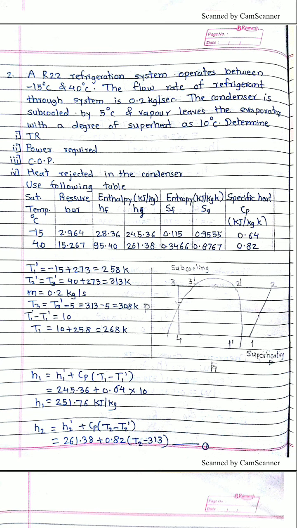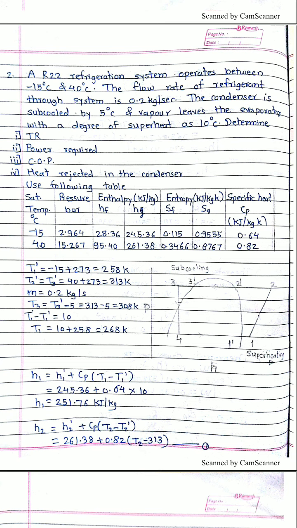Now just focus on the last two lines. The condenser is subcooled by 5 degrees Celsius, meaning point 3 is extended inside the condenser, inside the liquid region, up to the next 5 degrees Celsius.